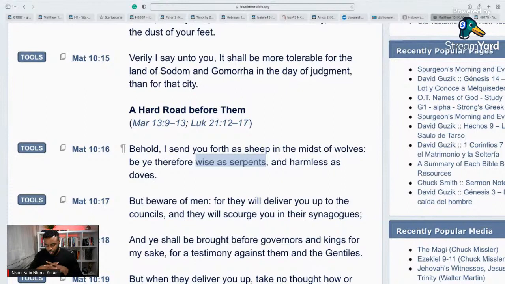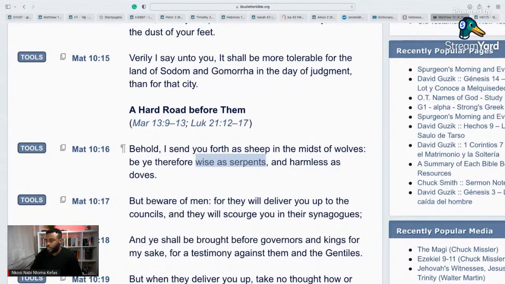So, the serpent in ancient African Bantu culture was considered the symbol of wisdom and divine knowledge. Hallelujah. Do you hear me? Let me say that again. The serpent in ancient African Bantu culture was considered the symbol of wisdom and divine knowledge.